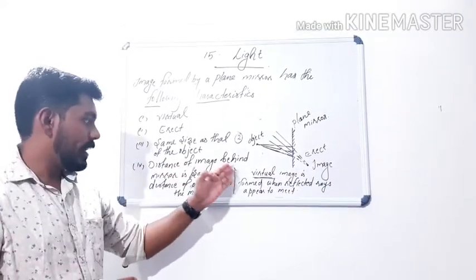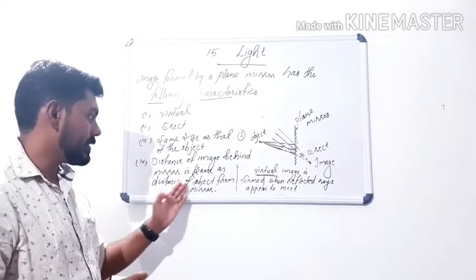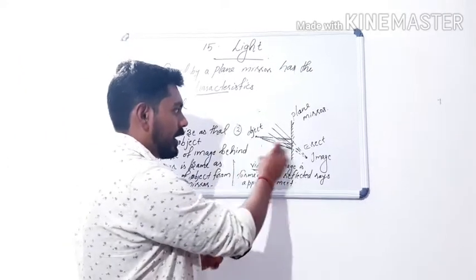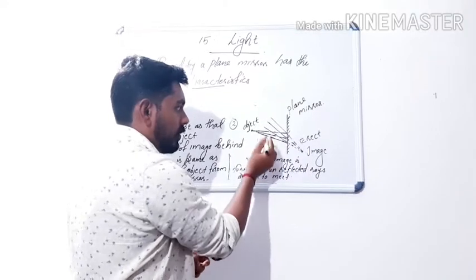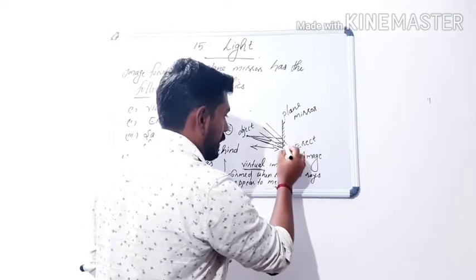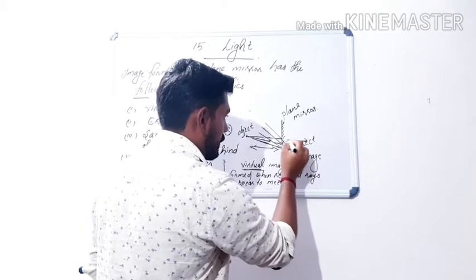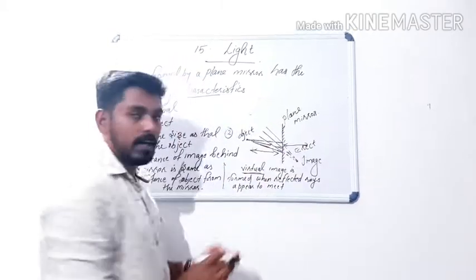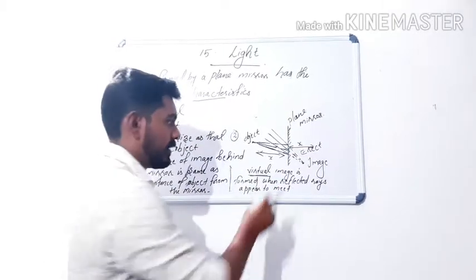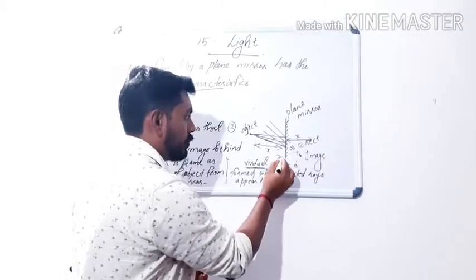The distance of the image behind the mirror is the same as the distance of the object from the mirror. Here you can see this is the object and this is the mirror, and this distance and the distance from the mirror to the image are equal. If it is x, this one is also x, and together it will be 2x.